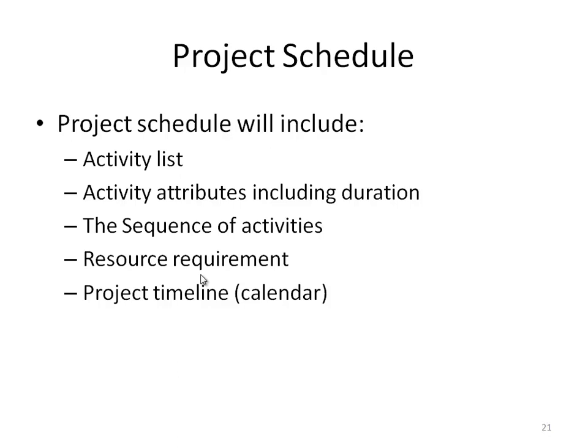It will include the activity attributes, including the duration of each activity, which will assist in identifying total project duration. It will also include the resources needed to accomplish each activity, the sequence of activities, and the project timeline or calendar, which will include identifying the need to work weekends or night shifts.